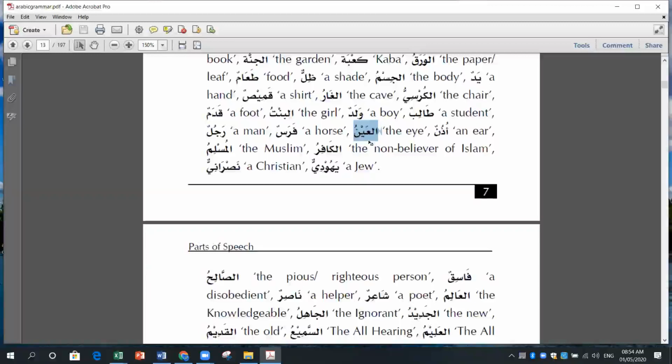But if I remove alif lam, then it becomes ainun, and that noon sound comes, as in udhunun. When it makes the noon sound, that is why it is called tanween: a double haraka, double dammah, double fathah, double kasrah.